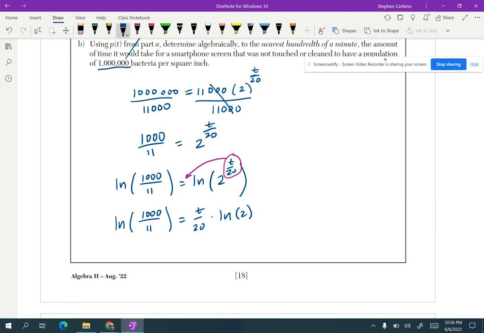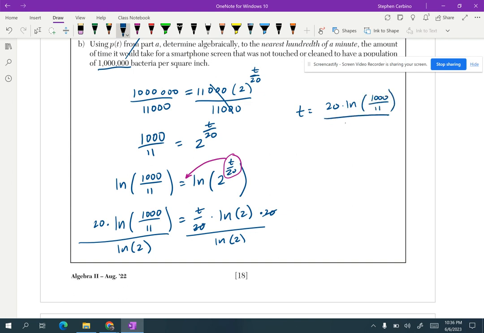Now our job is to get the t by itself. First thing I'm going to do is multiply both sides by 20 to get rid of this fraction. That's going to make our life a little bit easier. And then we could divide both sides by the natural log of 2. So we're going to get that t is equal to 20 times the natural log of 1,000 over 11 divided by the natural log of 2.